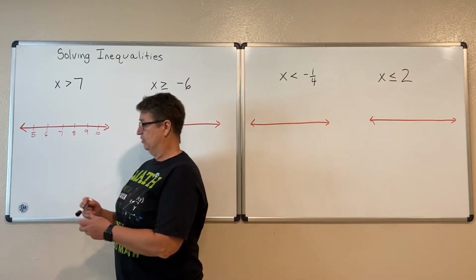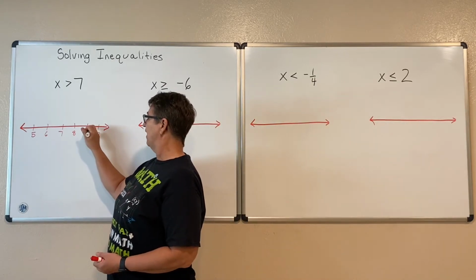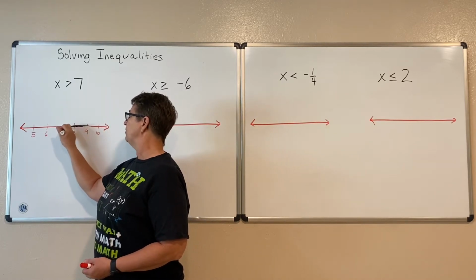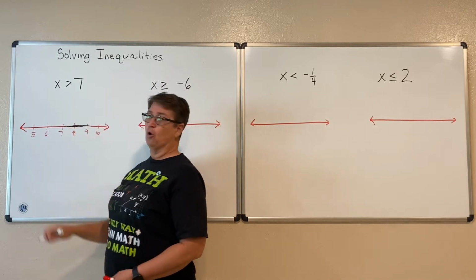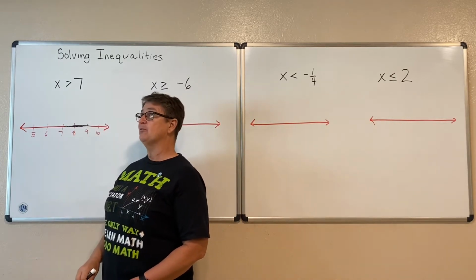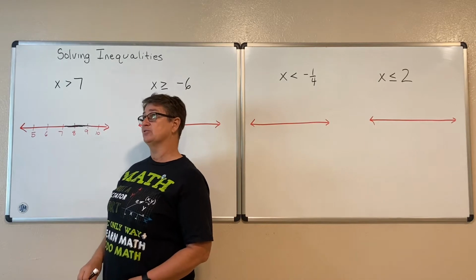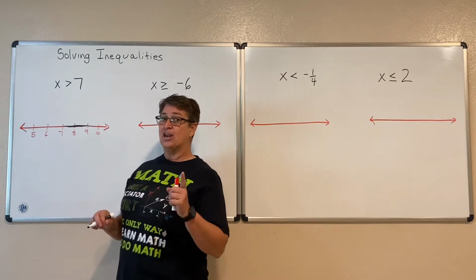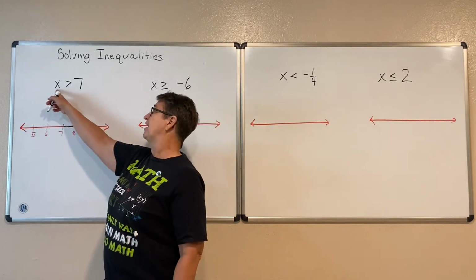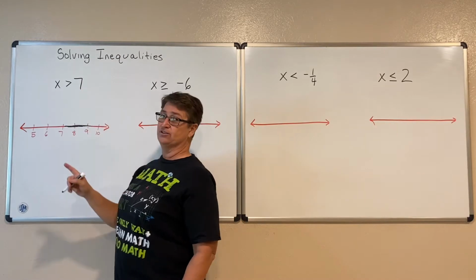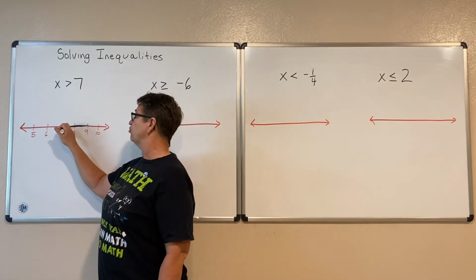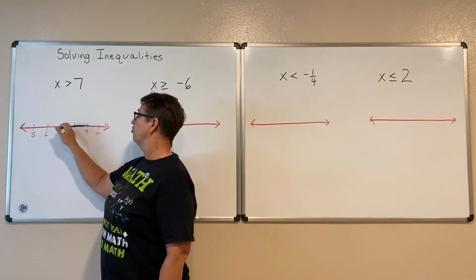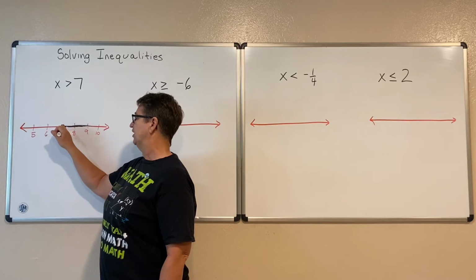So to show that, our value could be at 9, or it could be at 8 1/8, or it can go all the way down. 7.000000001 is bigger than 7, but it cannot be 7 itself. 7 is not greater than 7. So to show that it gets really, really close to 7, but it isn't 7 itself, we're going to put an open circle right here.